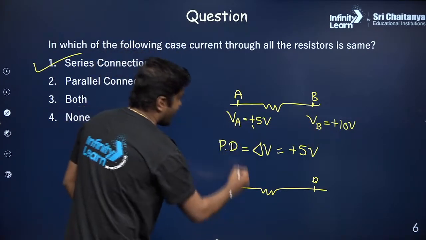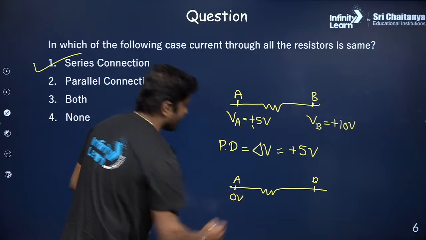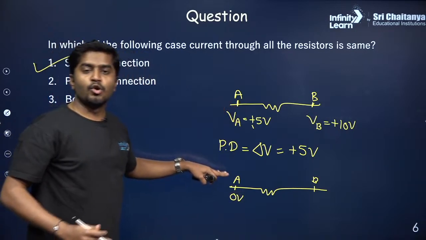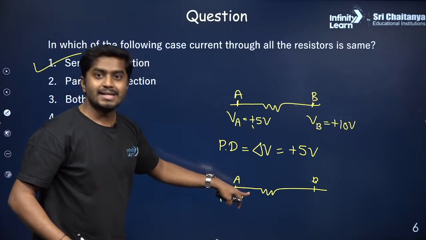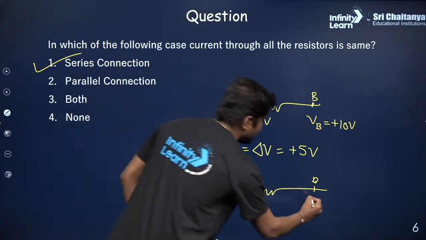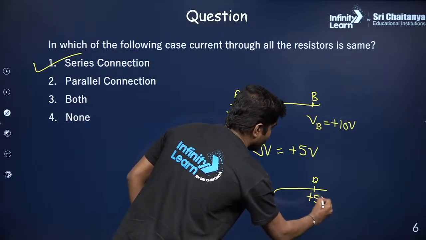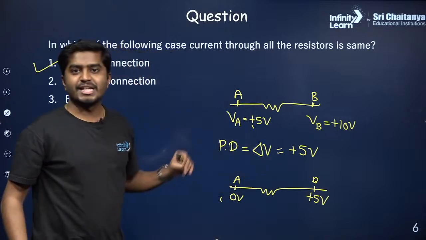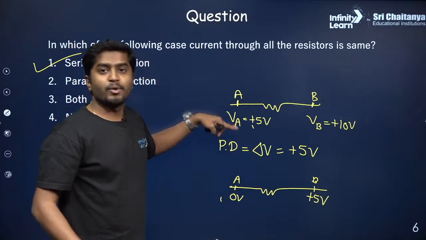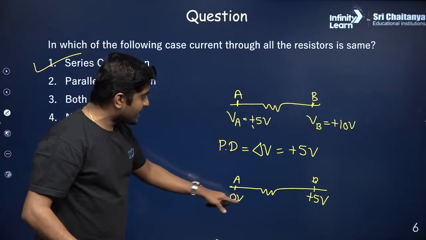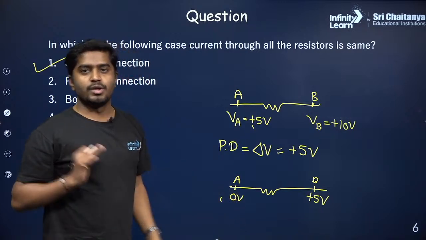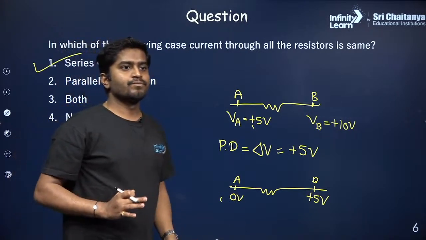So this one I assume to be 0 volt. Whichever is at a lower potential, I'll consider to be 0 volt. So the other one would be at plus 5 volt. So this is a voltage. Voltage is same as the potential difference, just that we compare with respect to the ground. Understood now? Rihan?